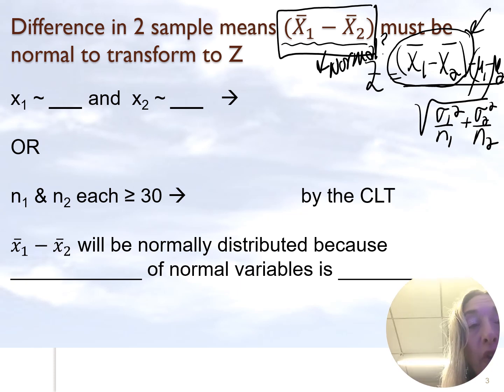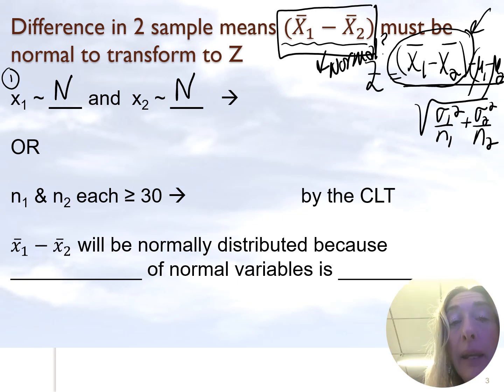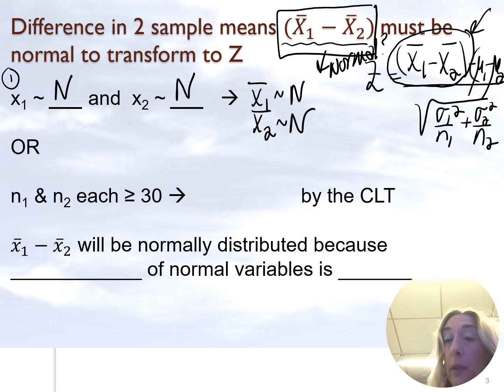If your underlying populations are each normally distributed, in other words, if x1 is normally distributed and x2 is normally distributed, then automatically x1 bar will be normally distributed and x2 bar will be normally distributed. We learned that earlier.